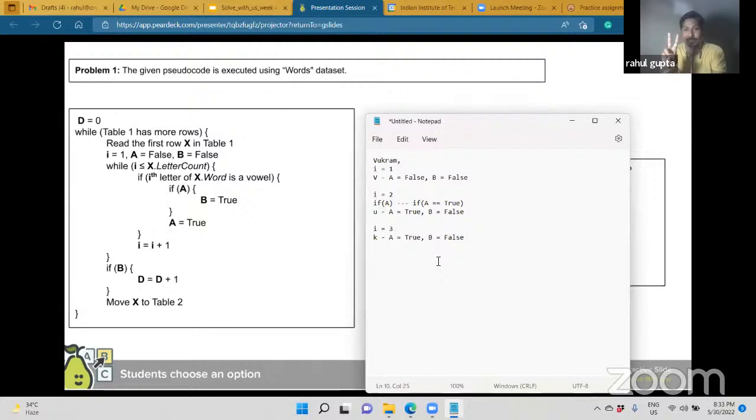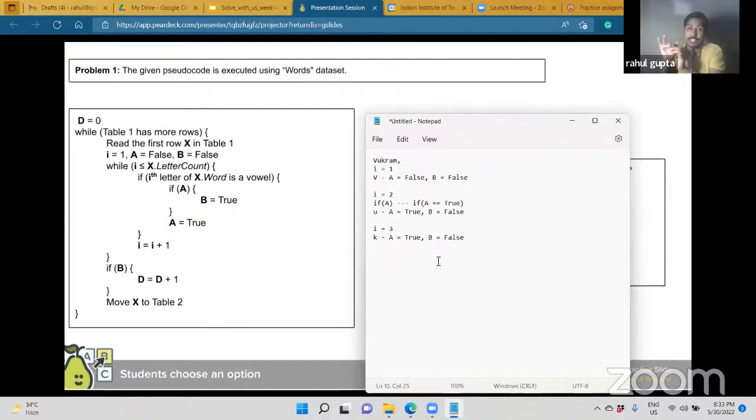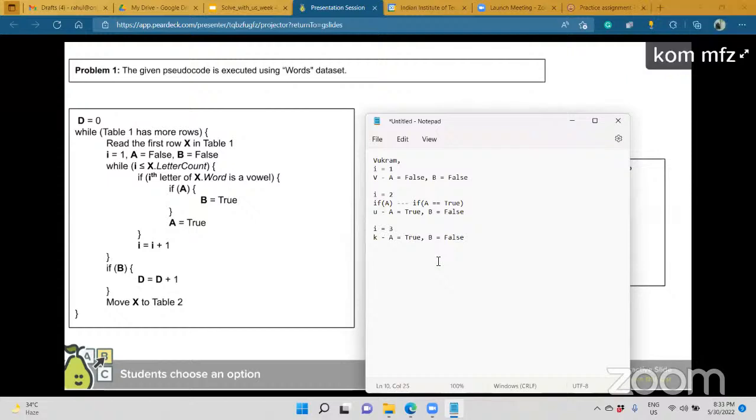So two things come out. It is not being converted to false, which means I'm not talking about consecutive vowels. And it not being false also gives one more sense, that I'm talking about at least one. So basically, if one vowel is attained, it turns true and stays true.